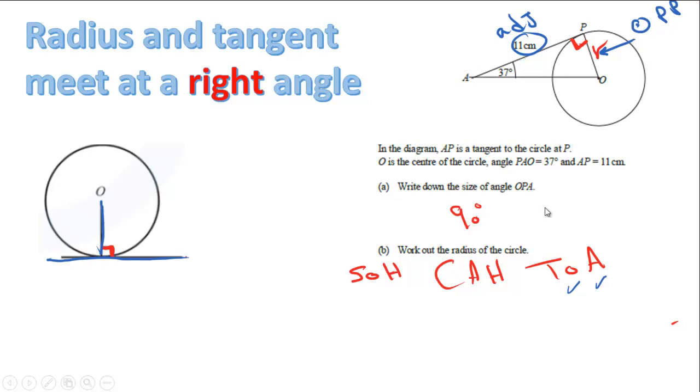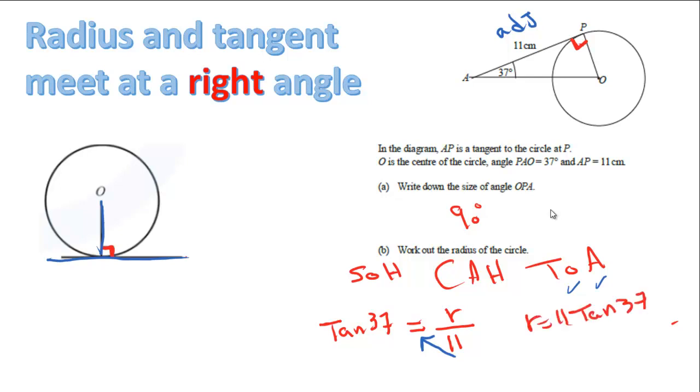So tan 37 equals r over 11 because it's opposite over adjacent. Then we make our cross multiplication. r equals 11 multiplied by tan 37, and in this case the radius will be 8.29 rounded to 3 significant figures.